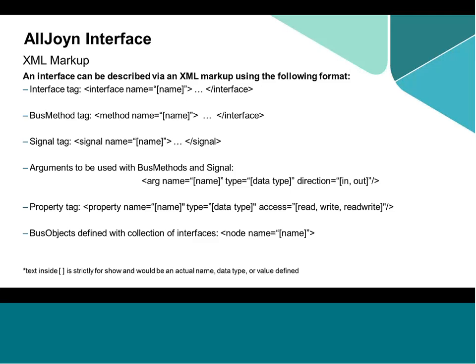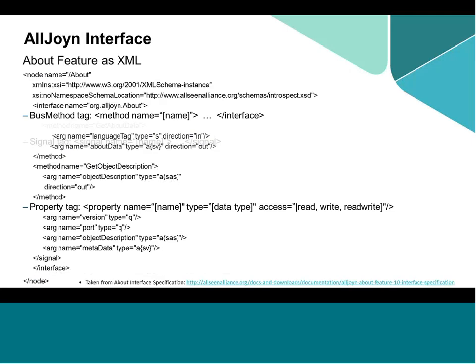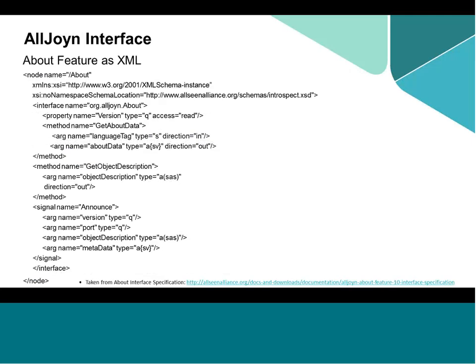So looking at an example here of this About feature, and again, this is how we are built into AllJoyn core, discovering objects at the interface level, right? So what pieces they support, as far as what classes and bus objects they've registered and the interfaces on them. You can see here we have that node structure.